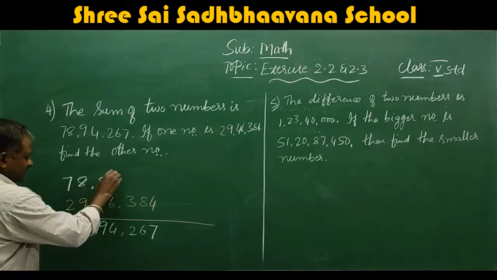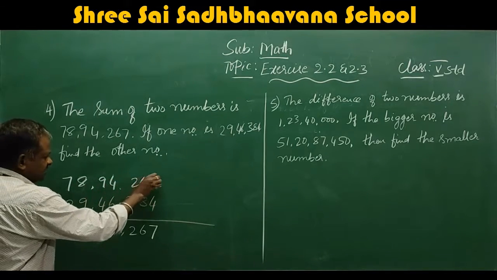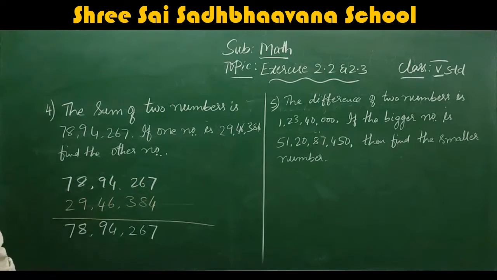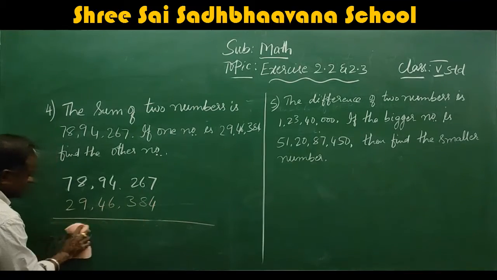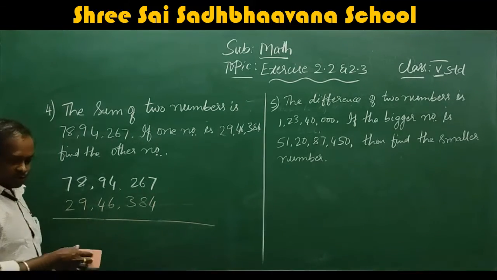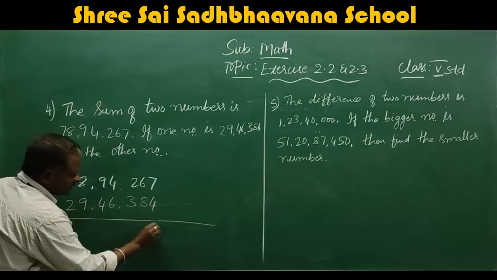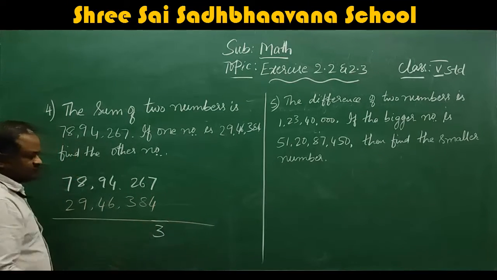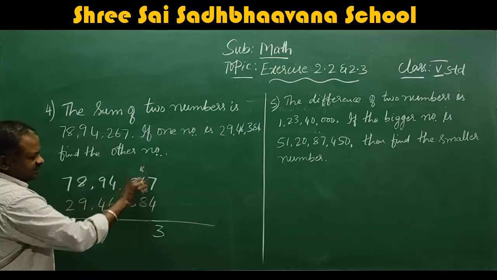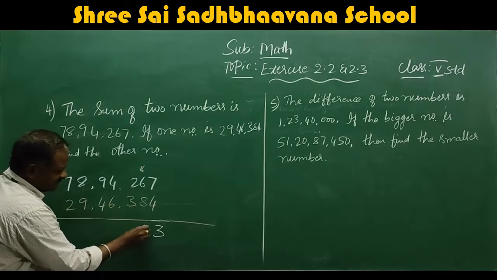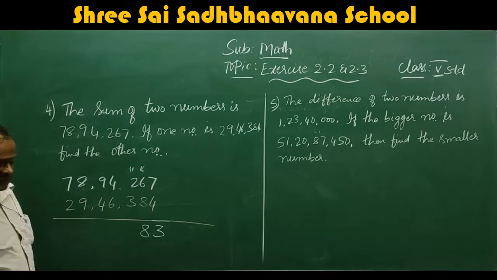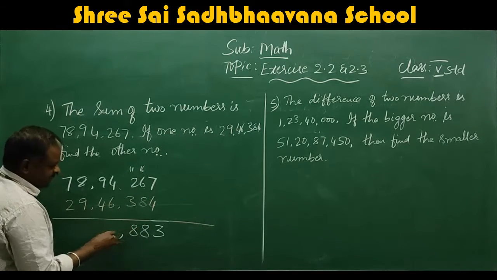So 78,94,267. We will get the next number. What should the number be? Just subtract. 7 minus 4, 3. Next, this is 16. 16 minus 8, 8. This becomes 11. 11 minus 3, 8.